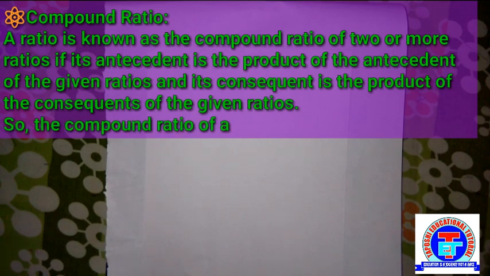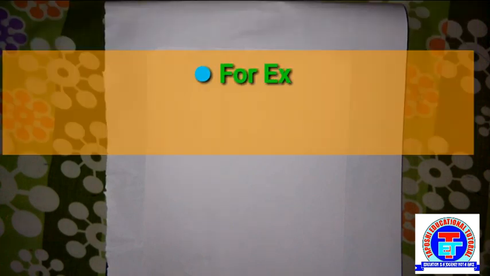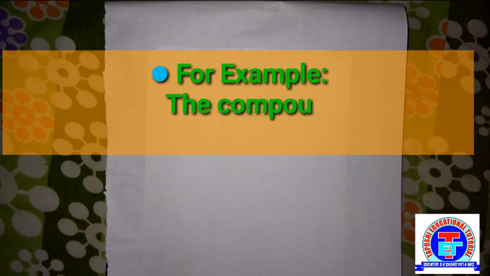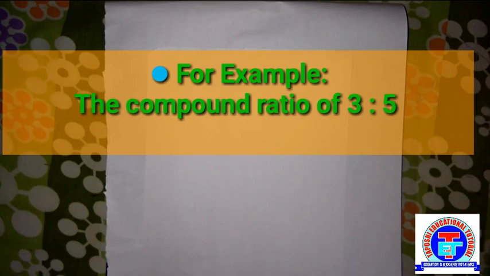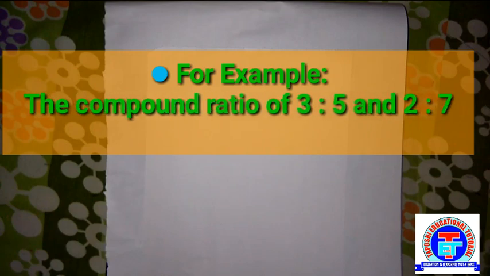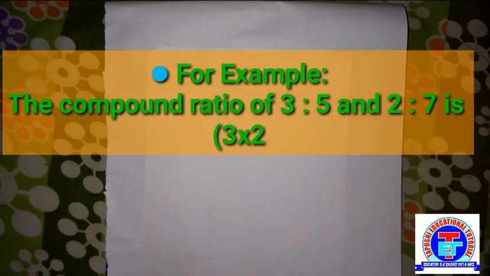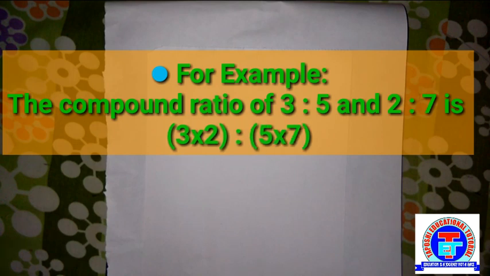So the compound ratio of A is to B and C is to D is AC is to BD. For example, the compound ratio of 3 is to 5 and 2 is to 7 is 3 into 2 is to 5 into 7, equal to 6 is to 35.